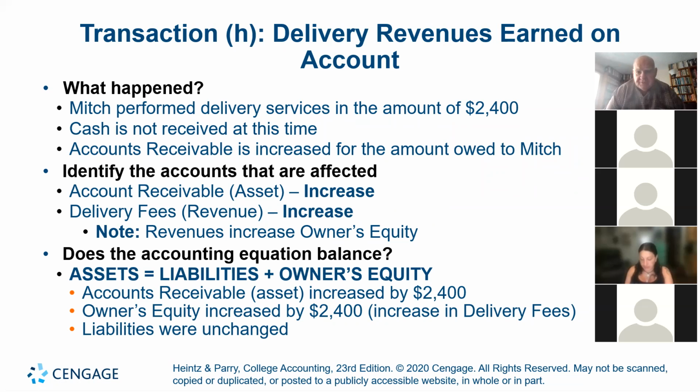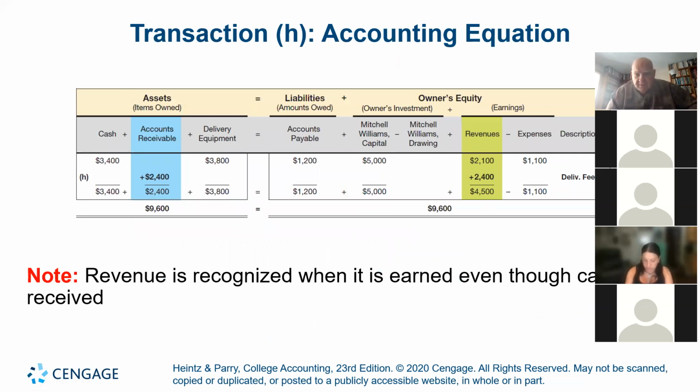we sold something, so we're going to collect $2,400. We're just not getting it right now. So our accounts receivable, the asset, went up, and so did the delivery fees, which is what they're calling their revenues.